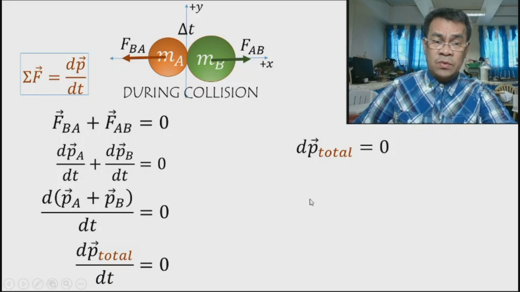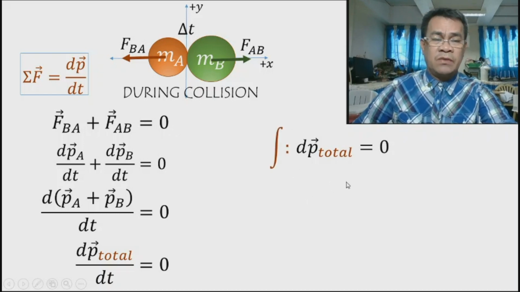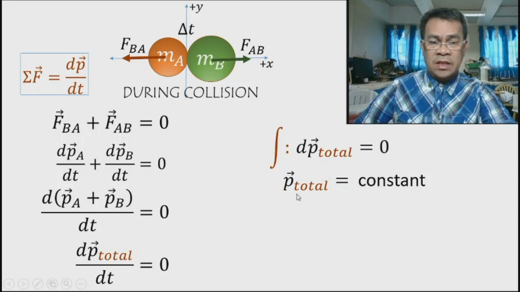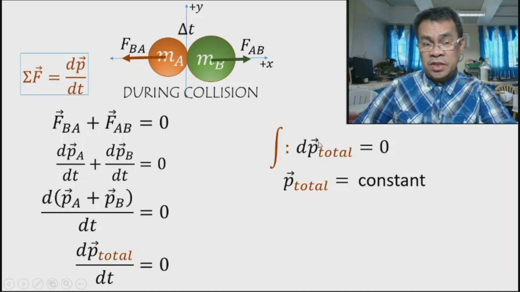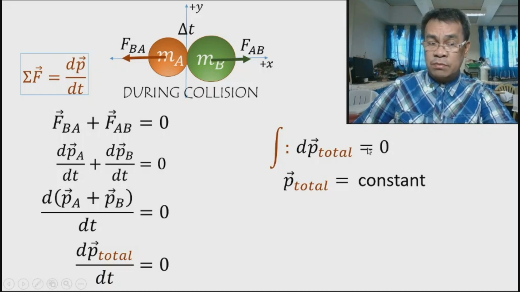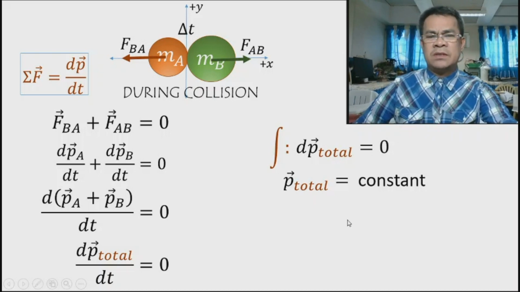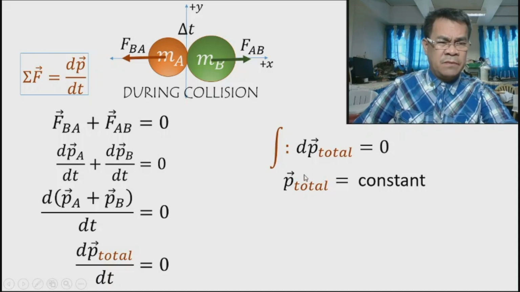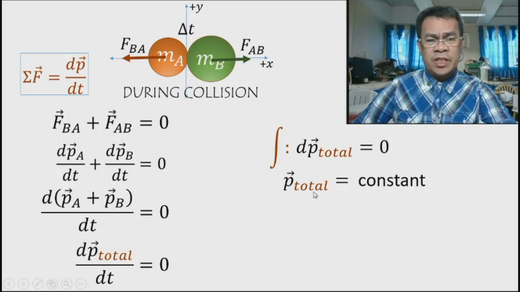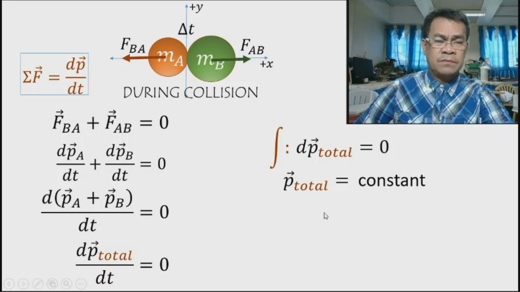So if we integrate this, because this is a differential equation, we can say that the total momentum must be a constant, or the change in momentum should be equal to 0. So what does this mean? Now, what is total momentum? Total momentum is the algebraic sum of the initial momentum and the final momentum, or the change in momentum. Okay?